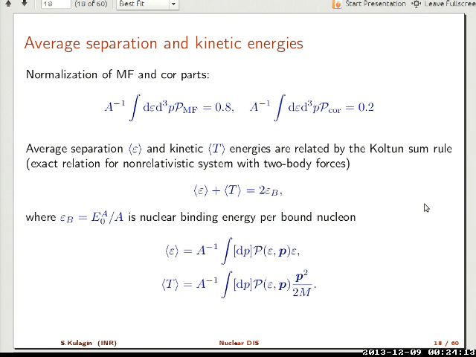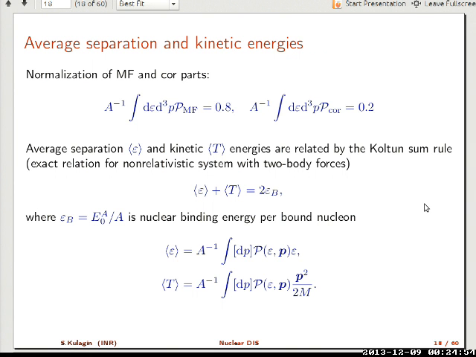We also have to look at the energies, since these are the quantities that would determine the correction to the structure function. These energies are the separation and kinetic energy. They are correlated by some rule which is called the Koltun sum rule, which is basically an exact relation if you have only two-nucleon interaction in the Hamiltonian and a non-relativistic system, but could be violated.